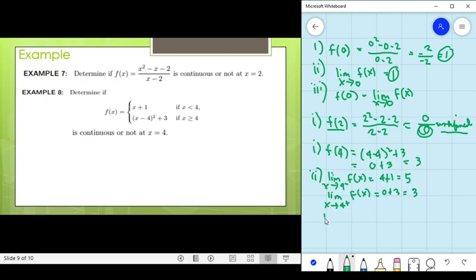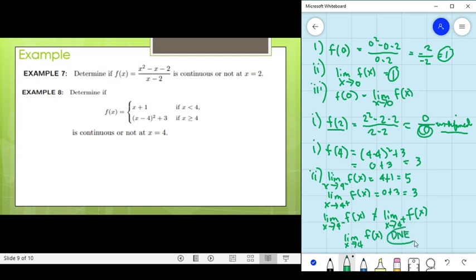So since the limit of f of x as x approaches 4 from the left is not equal to the limit of f of x as x approaches 4 from the right, this means that the limit of f of x as x approaches 4 does not exist.